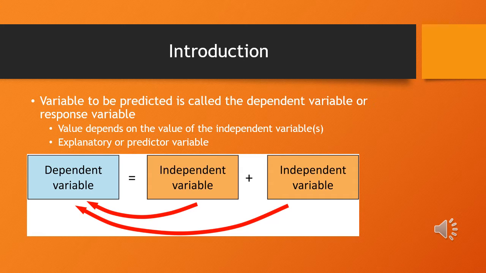The variable to be predicted is called the dependent variable or response variable, whose value depends on the value of the independent variables, also called explanatory or predictor variables. And as you see on the graph, the dependent variable equals the independent variable plus another independent variable.